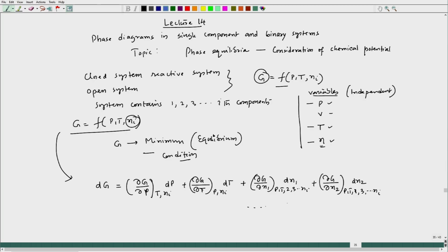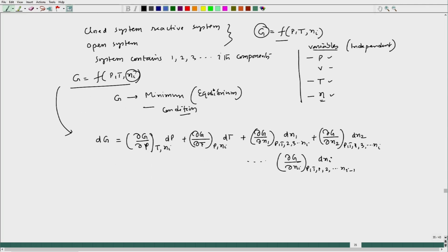So, like this I can write this. Now, if I consider pressure and temperature to be constant, in fact, this part comes out to be dG equal to V dP minus S dT.